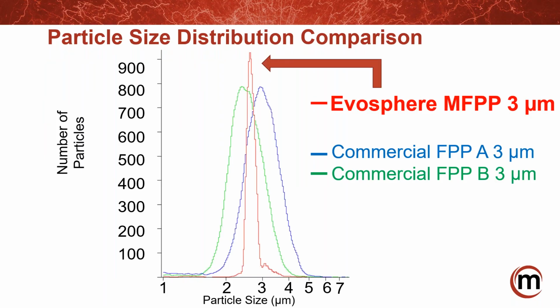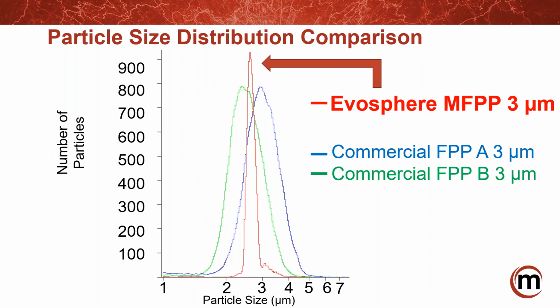So with these monodisperse fully porous particles, what I'm showing here on the slide is a Coulter counter. When most commercial manufacturers talk about their silicas or their HPLC columns on the market, they're talking about the mean particle size as the particle size you see on the box, which would be, let's say, 5 micron or 3 micron.